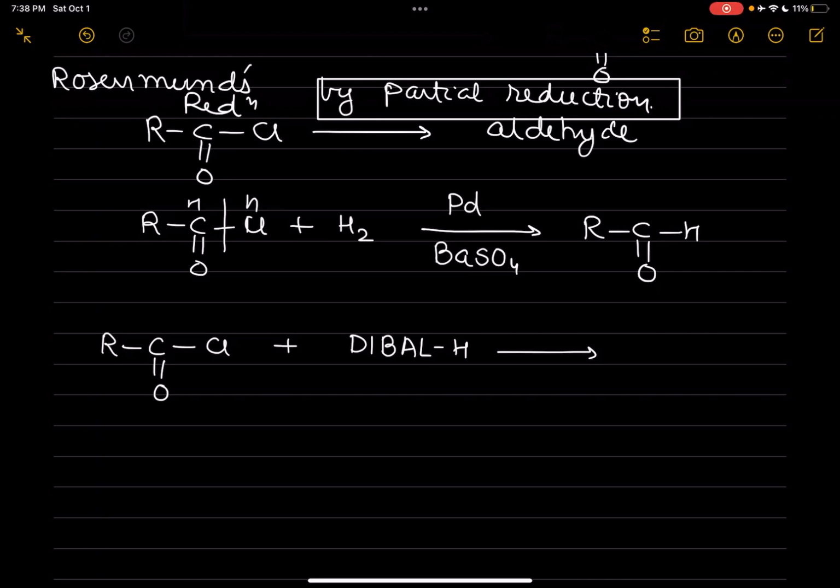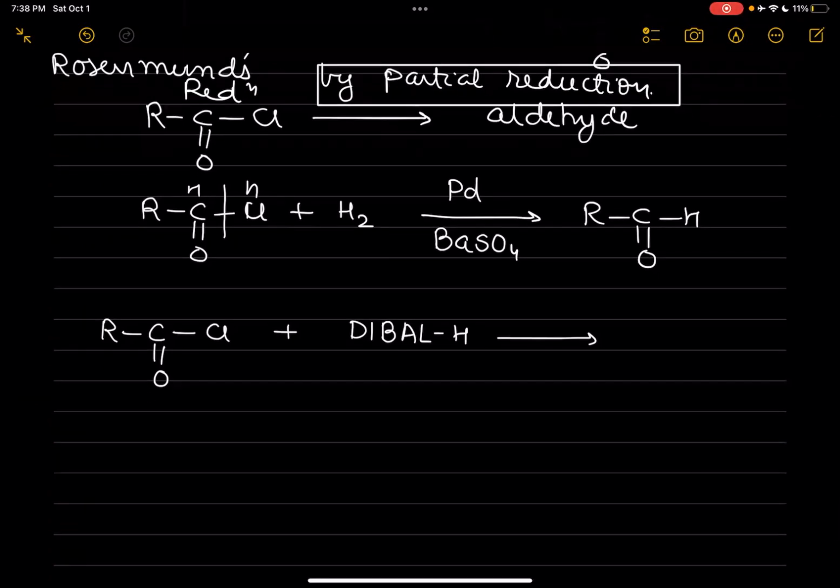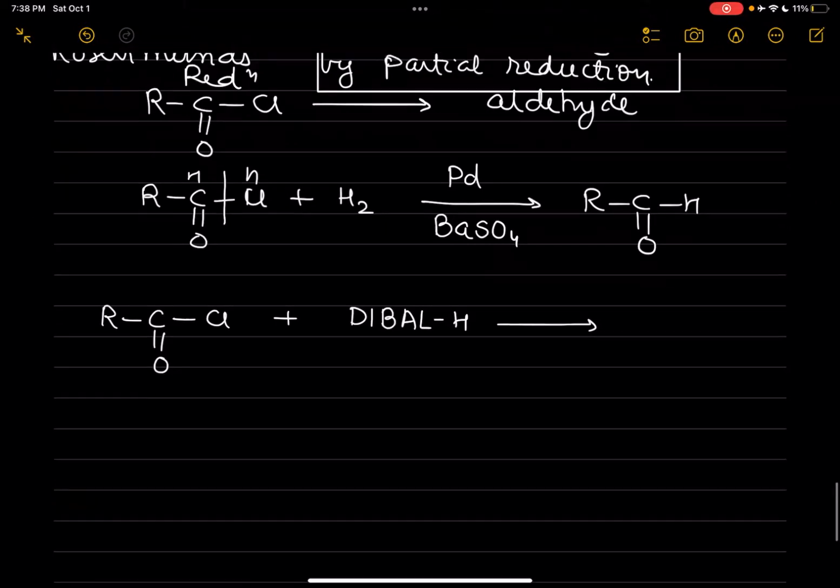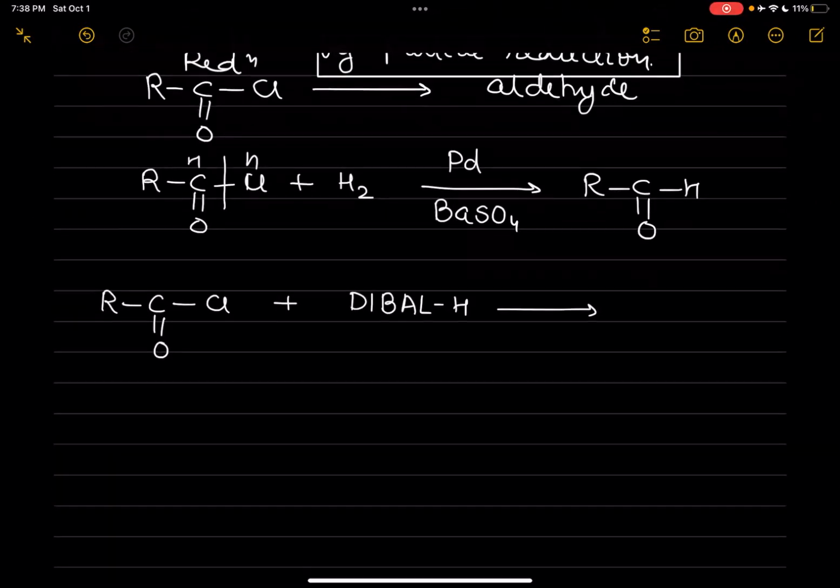What is the full form of DIBAL-H? Diisobutyl aluminium hydride, right? So it is actually isobutyl, this one, aluminium isobutyl hydride.